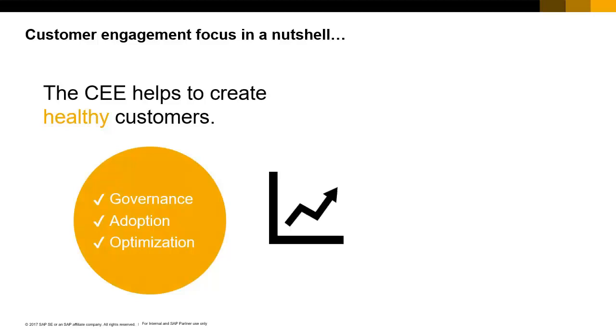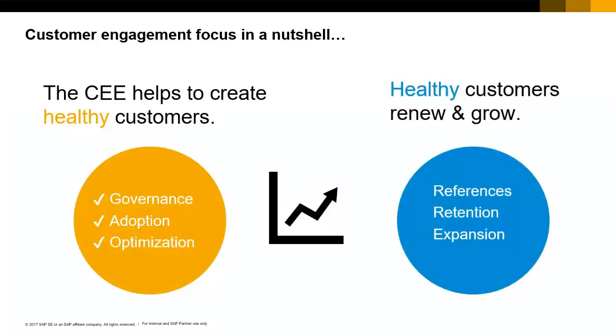This, in turn, improves our key KPIs because healthy customers become references, renew their subscription, and expand their relationship as their business needs change and SAP SuccessFactors solutions can meet their needs. These reference, retention, and expansion opportunities are key to a healthy cloud business and key to a healthy partner ecosystem and business that provides opportunities for us all.